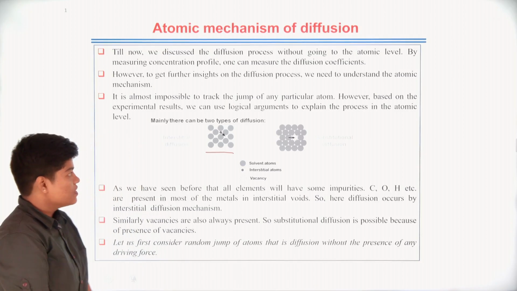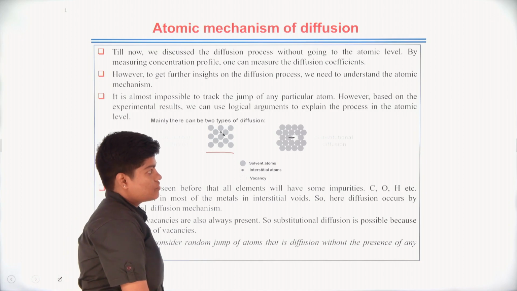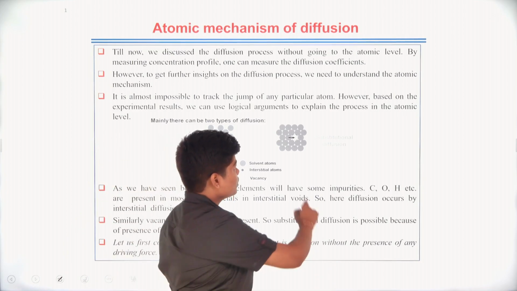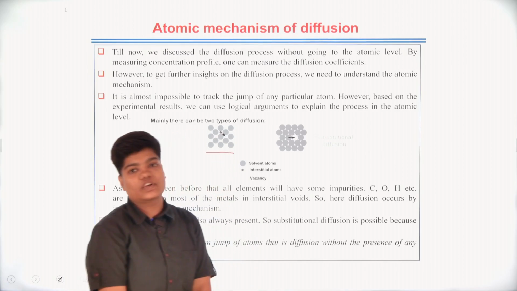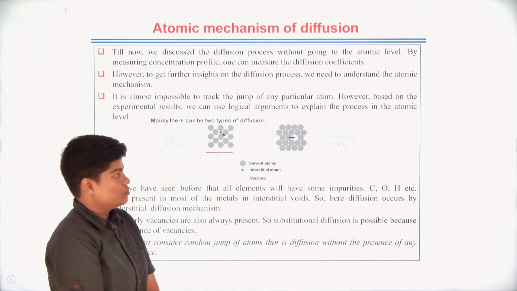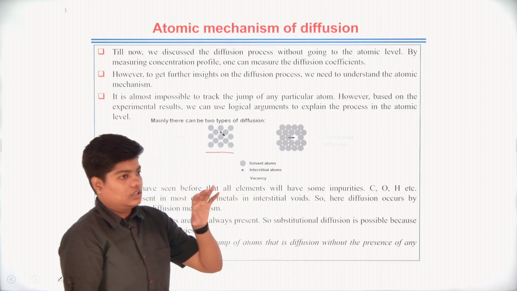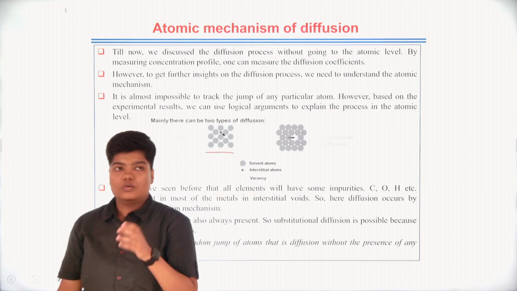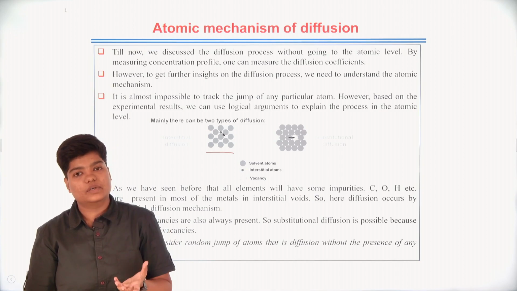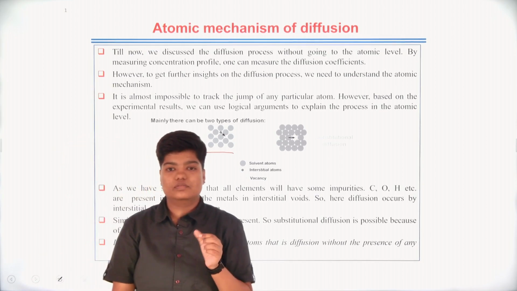The process is known as interstitial diffusion. Similarly, substitutional diffusion means the atom goes to its neighboring vacancy or neighboring empty position. Every metal has some vacancies, some empty sites.